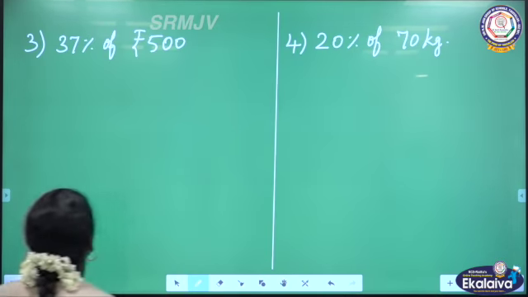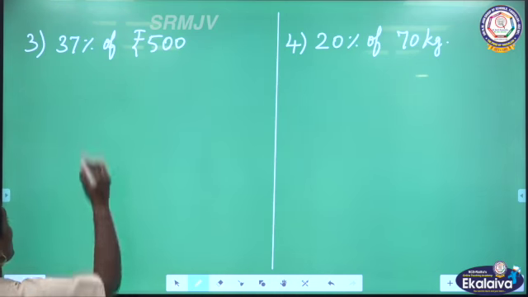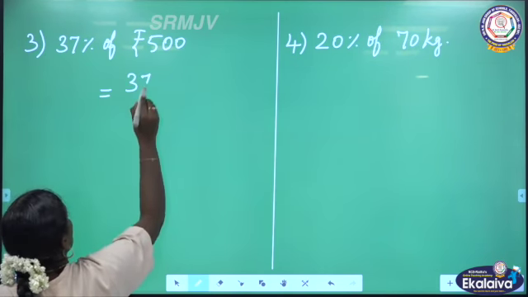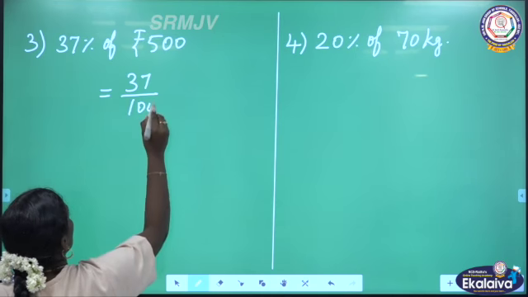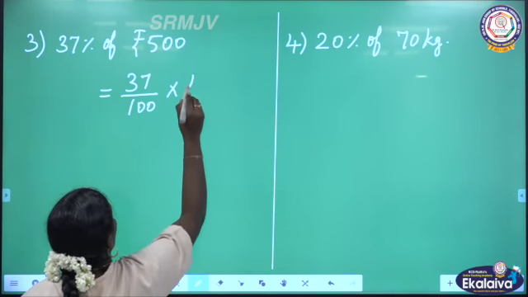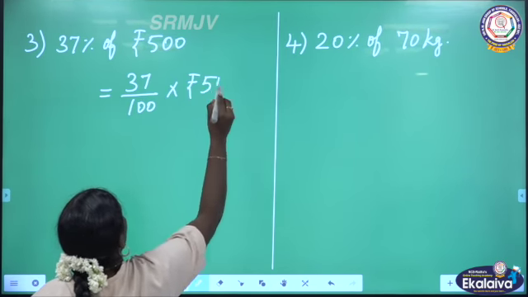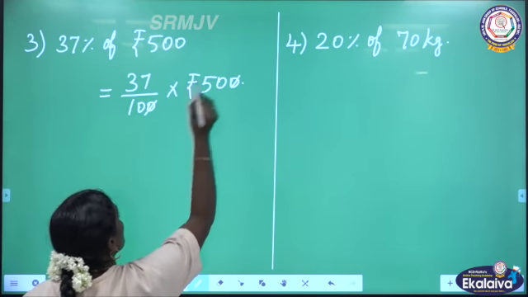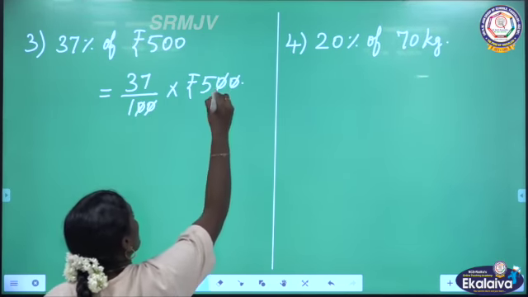The next one 37% of 500. First we have to write 37% as fraction. 37 by 100 into the second term rupees 500. Okay, now we can cut the zeros. Here 0 0, again 1 0 1 0.